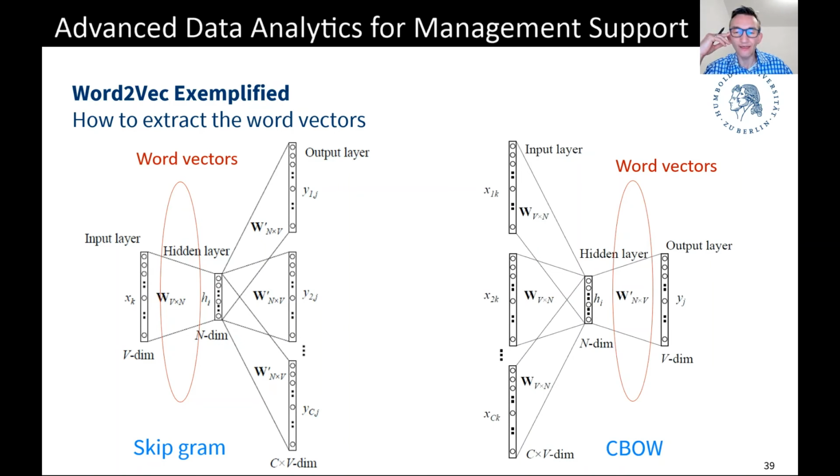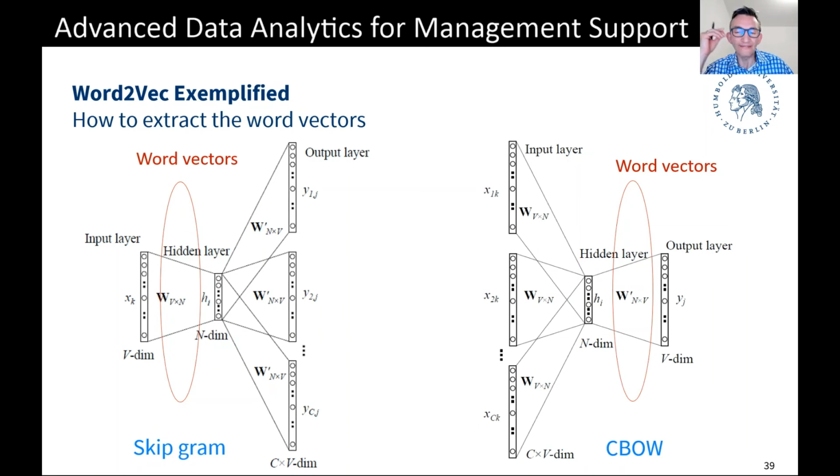And therefore, in both of these matrices, you have one column or one row giving you the embedding vector of a word, of the focus word.